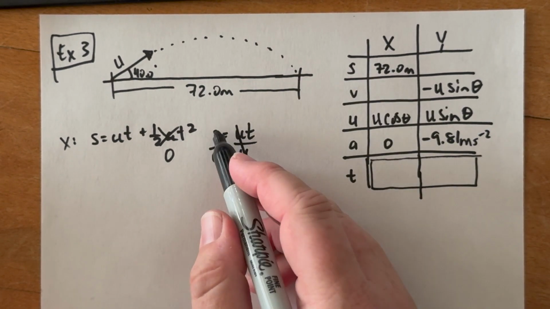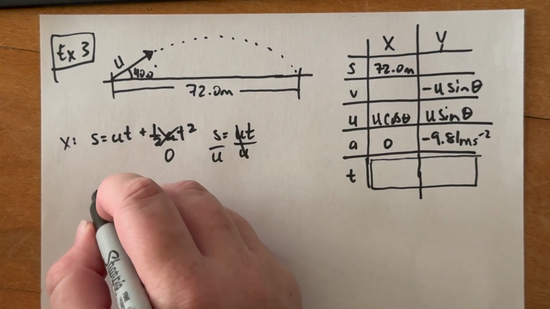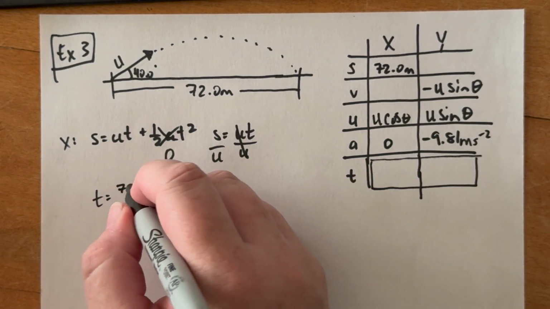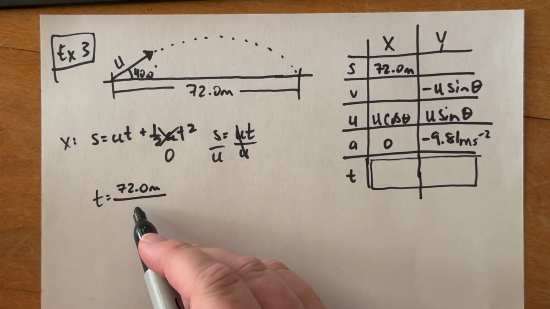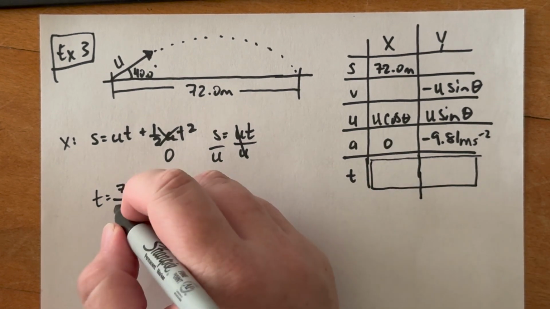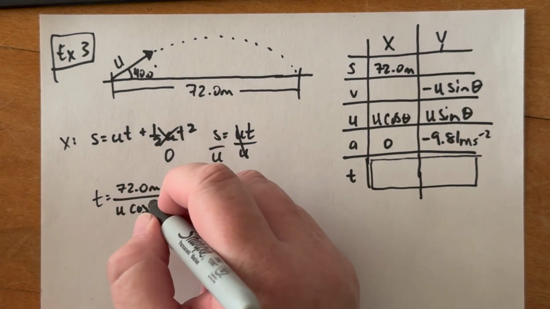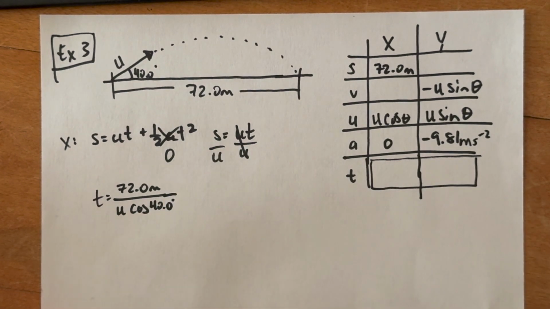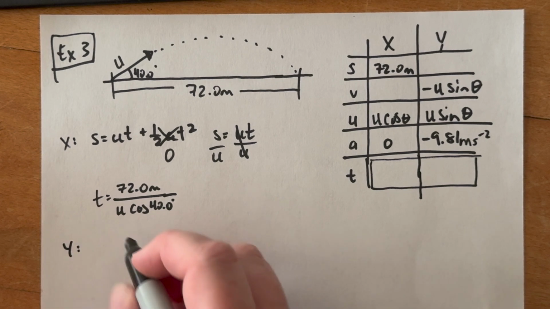So time is displacement over u. Let's do that. We're going to say time equals, our displacement here is 72.0 meters over our initial velocity in the X direction, which is u cosine of 40.0 degrees. We know that.